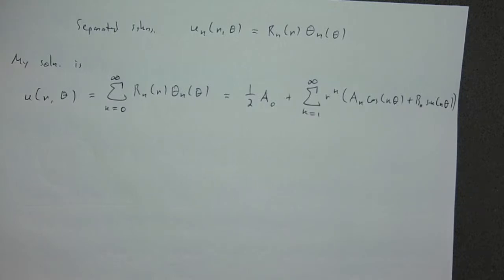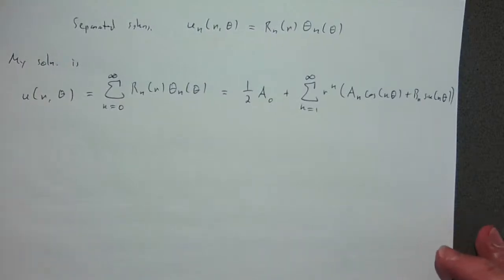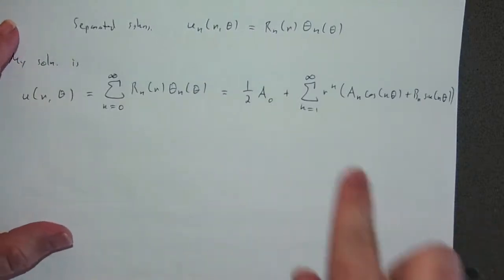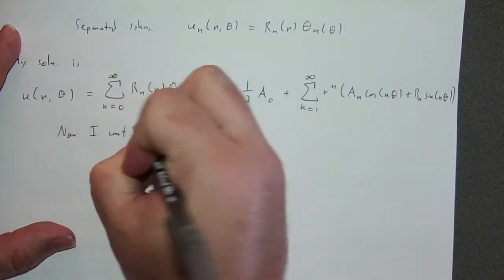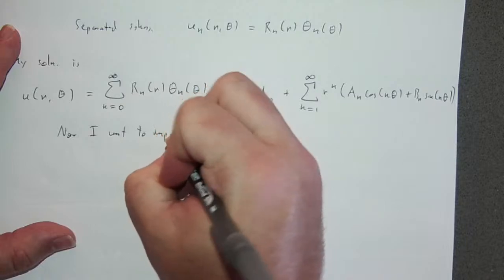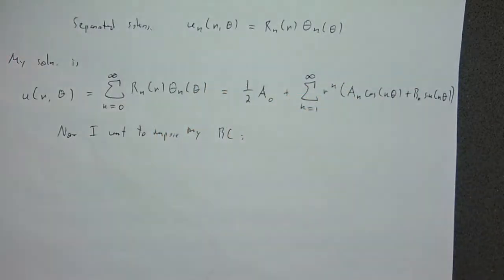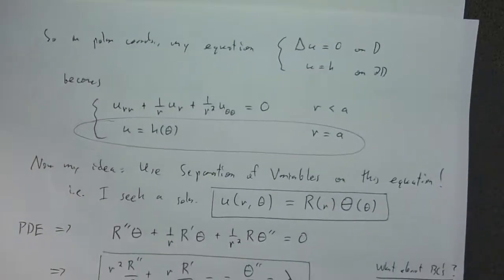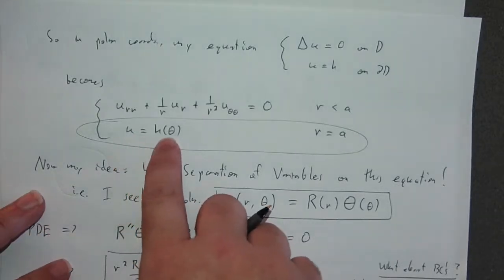Now, we are almost done here. So now I want to impose my boundary condition, which if we go all the way back to this polar coordinates problem, is that u should be equal to h of theta when r is equal to a.